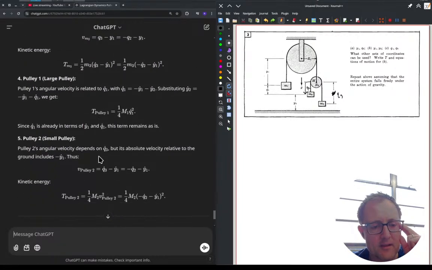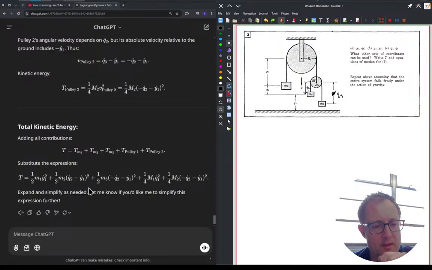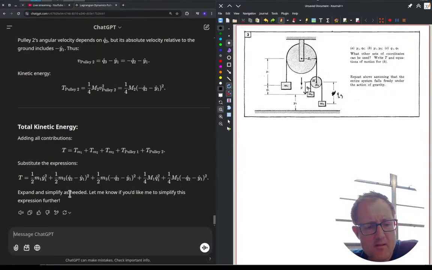And then, all right, so let's see what we end up with. Here we go. Now we're starting to make a little bit of progress, right? I don't know about this one though, this M2 down here, right? Because now it looks like it's combining the rotational and translational kinetic energies into just one term there.